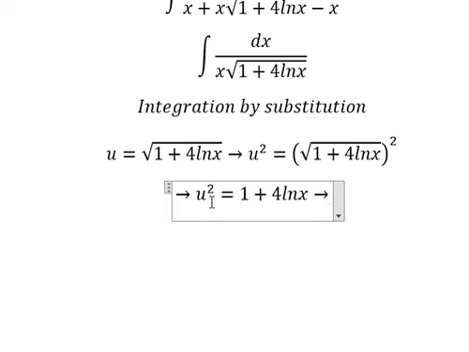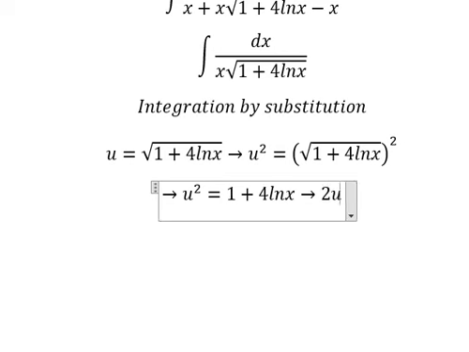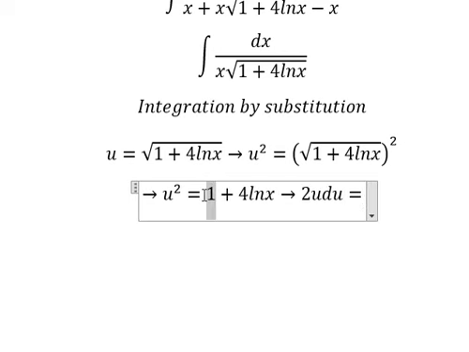Later we need to do first the derivative for both sides. This one is a constant, so you get 0. This one we have 1 over s.